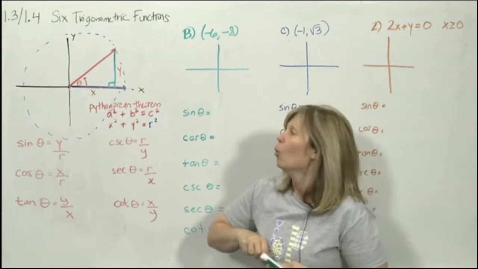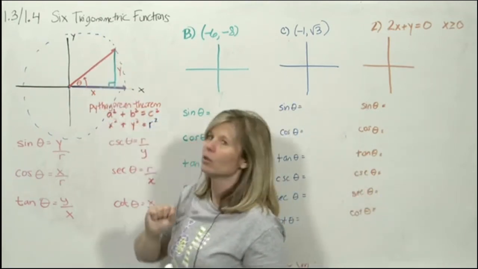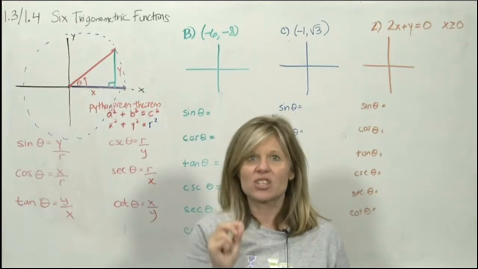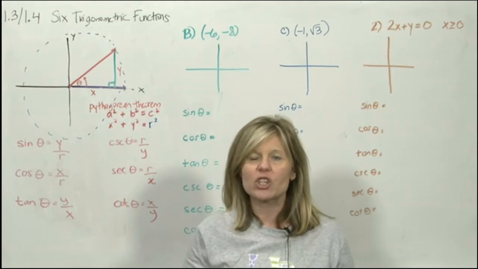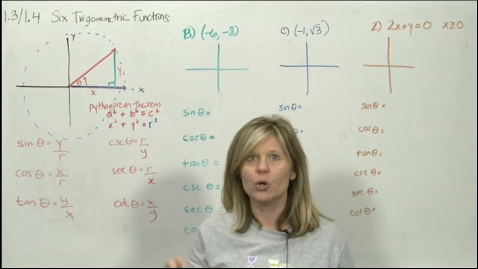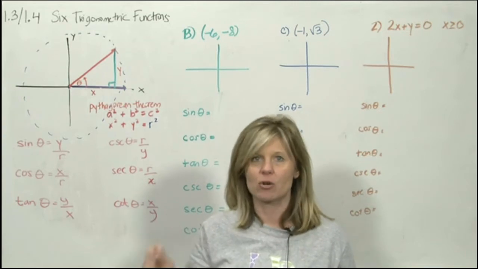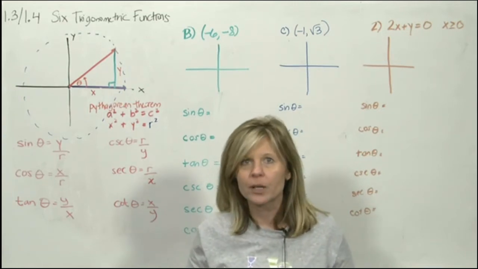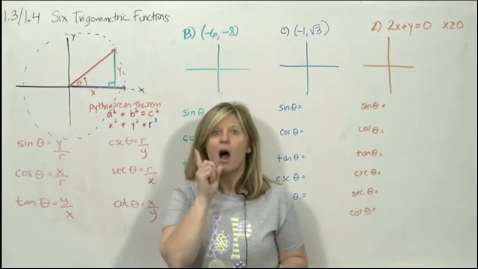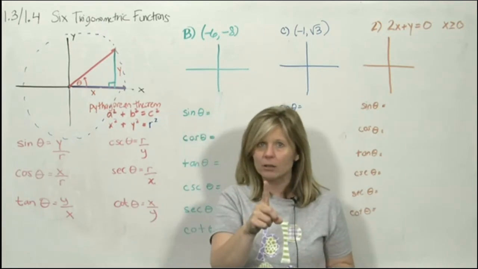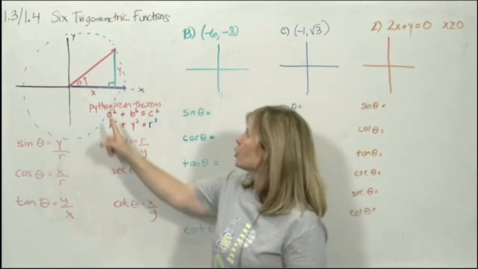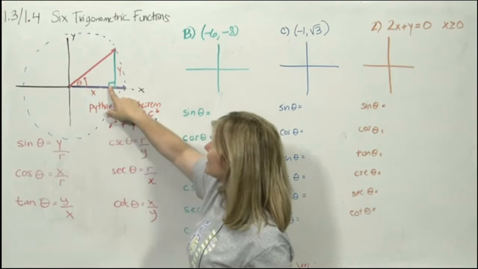Now, once we draw this right triangle, trigonometry, the definition is, it's the study of the relationship of one of the acute angles with two sides of the right triangle. That's your definition. In this picture, that's 90 degrees.